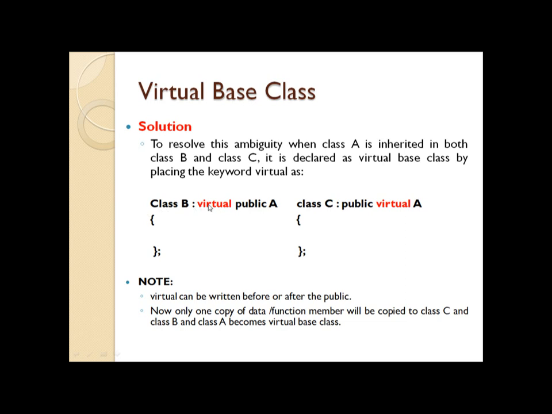Class B is inheriting class A as virtual, making this base class a virtual base class, whereas in class C colon public virtual A, I have placed the virtual keyword after the visibility modifier. In the first situation I placed it before the visibility modifier. Both are correct, and in the note section of this slide I have written it clearly.